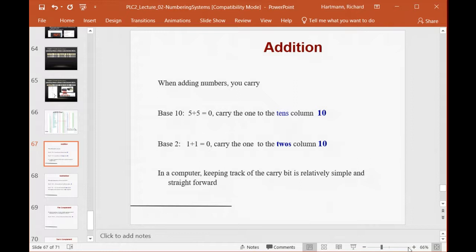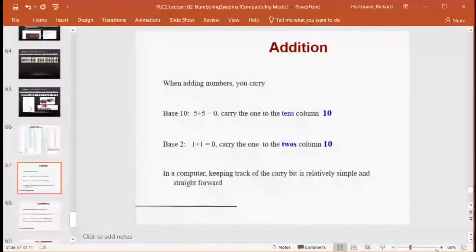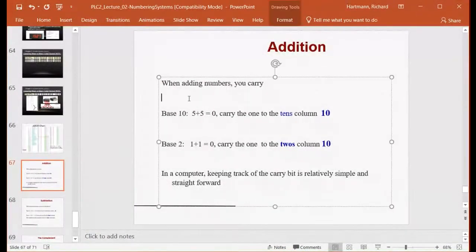All right, so let's do a little bit of addition then. So let's say that you wanted to take the values 5 plus 5 and you're going to add those together. Well, when you do that, remember that in decimal, we only have 10 possible values.